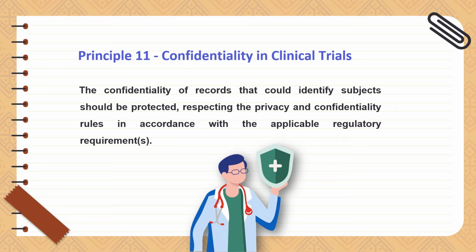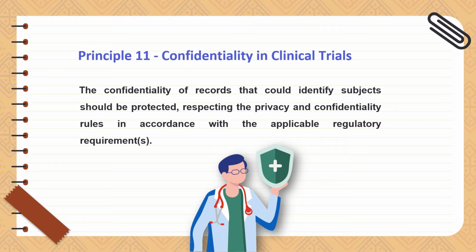Principle 11 talks about confidentiality of the clinical trial. The confidentiality of the records that could identify the subjects should be protected, respecting the privacy and confidentiality rules in accordance with the applicable regulatory requirements. For example, in the US we have HIPAA laws.